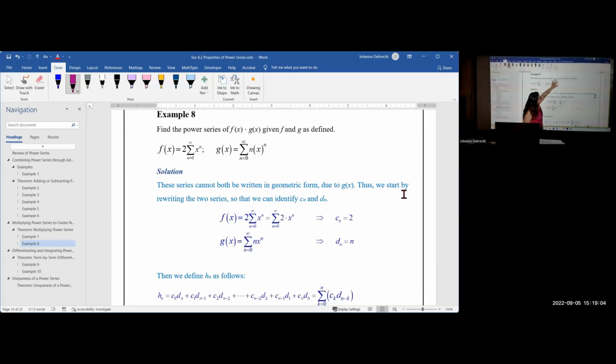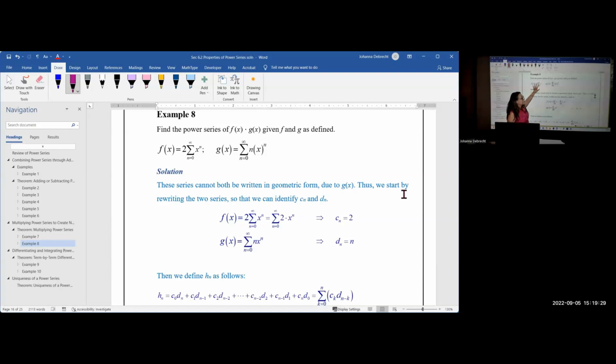G of x, however, has this factor n, and it can't be part of the base, and it's not part of a common ratio. So this second one doesn't follow the pattern of a strictly geometric series. All right, so we're going to have to take each of the series and identify C sub n and D sub n, and then we're going to have to find where they converge.